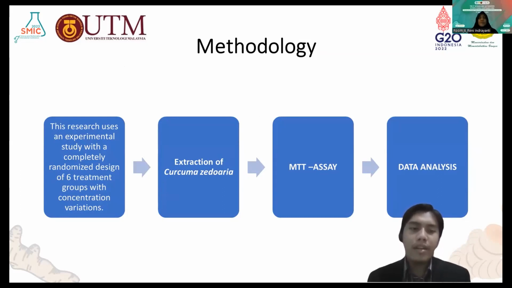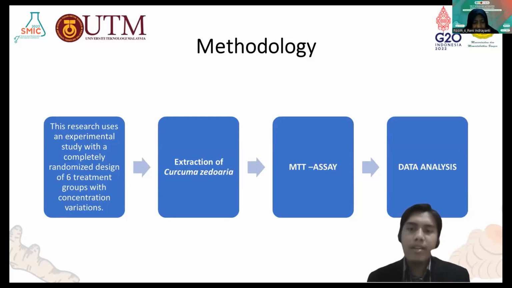First of all, we make an extract from Curcuma zedoaria. It is done by immersion for 3 days and compression, then the liquid extract is evaporated using a rotary evaporator, and we get the extract as a colloid extract.